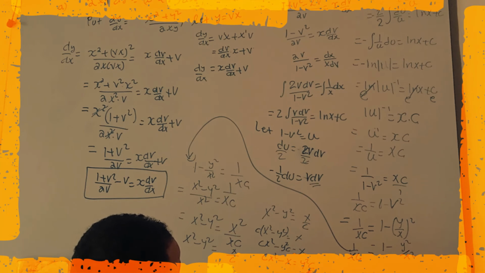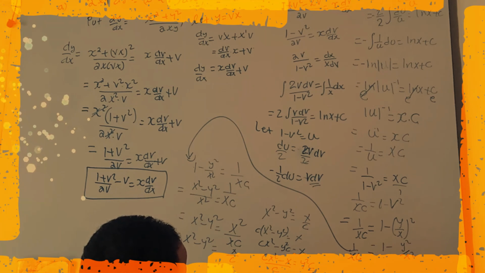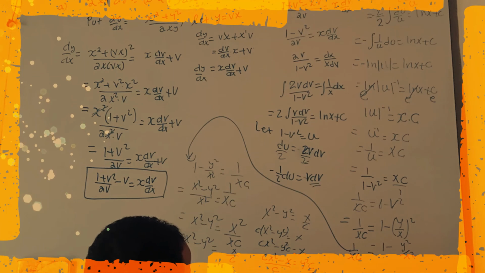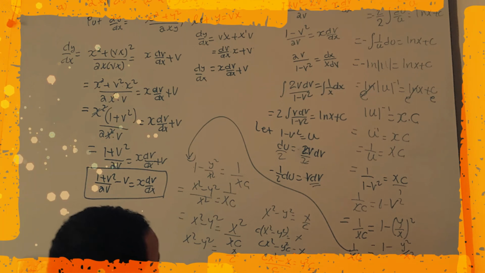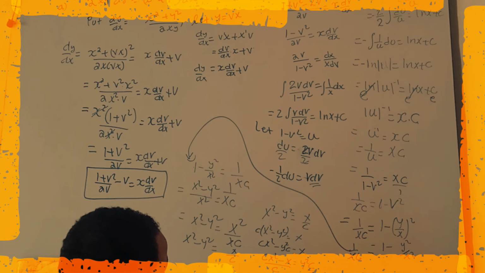Dividing both sides by c, that is x times c minus x equals y squared over c. Okay, that's enough.